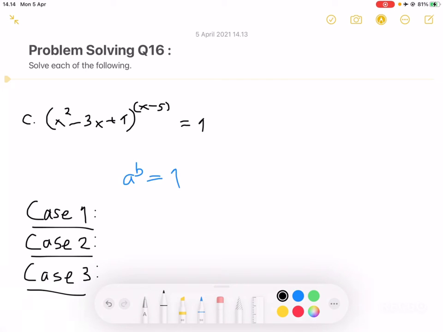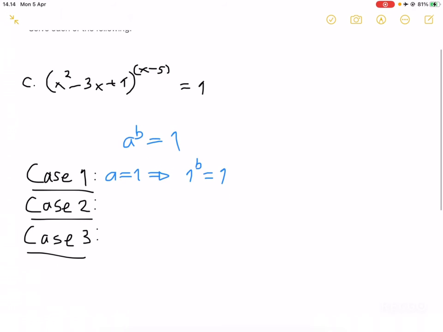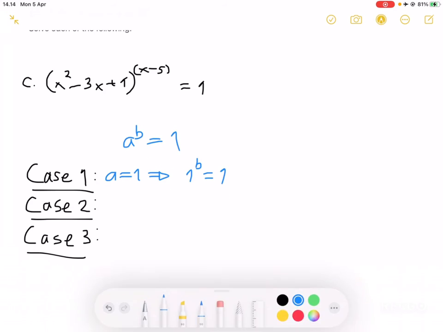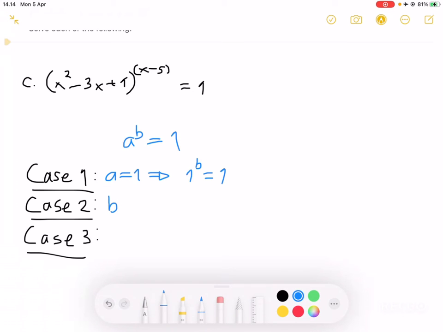Case 1 is where a is equal to 1, so that will be 1 to the b is equal to 1. 1 to any power is equal to 1. Case 2 will be when b equals 0, and we must ensure that the base is not equal to 0, otherwise 0 to the 0 power is undefined. So we have a to the 0 power is equal to 1, just like I said in the previous question.